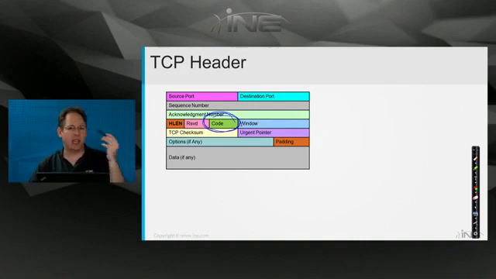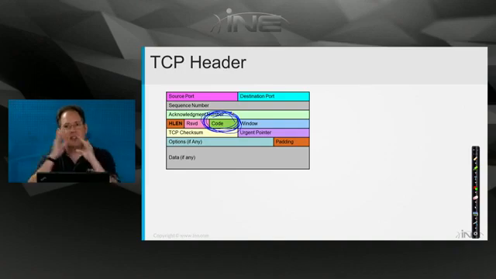That means I'm trying to synchronize or start a connection with you. Another flag in there is FIN, which means I'm trying to finish or terminate a connection with you. So as we go through this finite state machine, we're really going to be concerning ourselves with what bits are set right here. And when we see a TCP segment come in that's got one of these bits set, how does that transition us from one state to another?